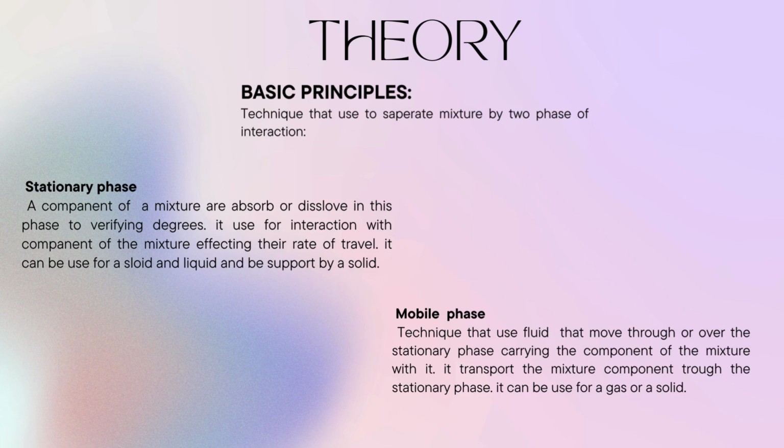It can be a solid or a liquid supported by a solid. Meanwhile, the mobile phase is a fluid that moves through or over the stationary phase, carrying the components of the mixture with it. It transports the mixture components through the stationary phase. It can be a gas or a liquid.